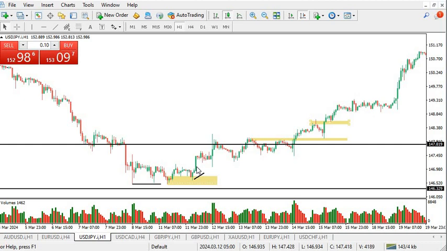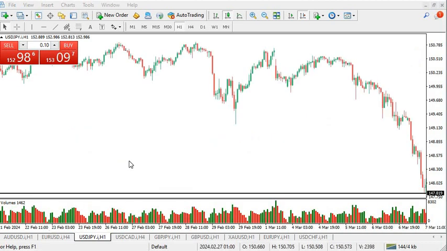So these sort of trades are somehow 1:3 risk to reward, as we can also see on the chart. So that was the example of an order block near support.